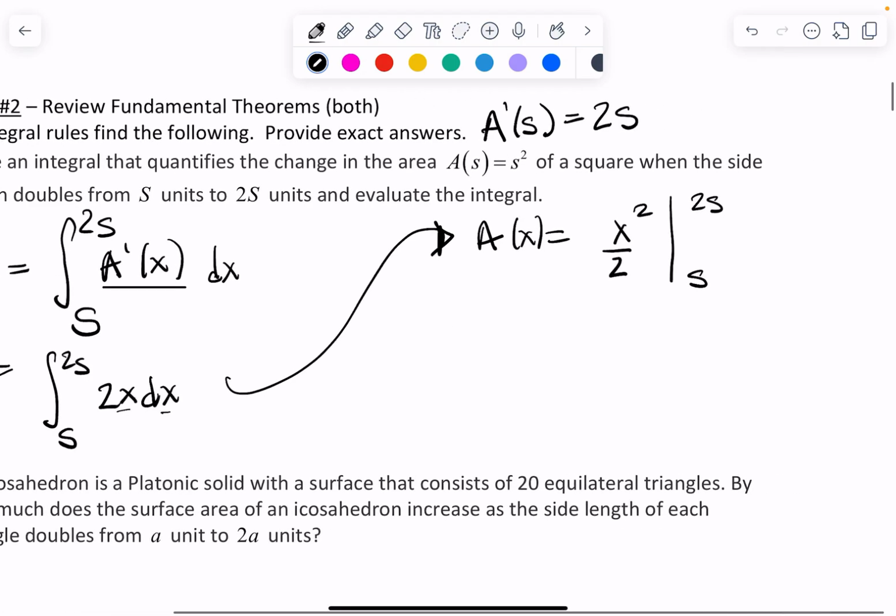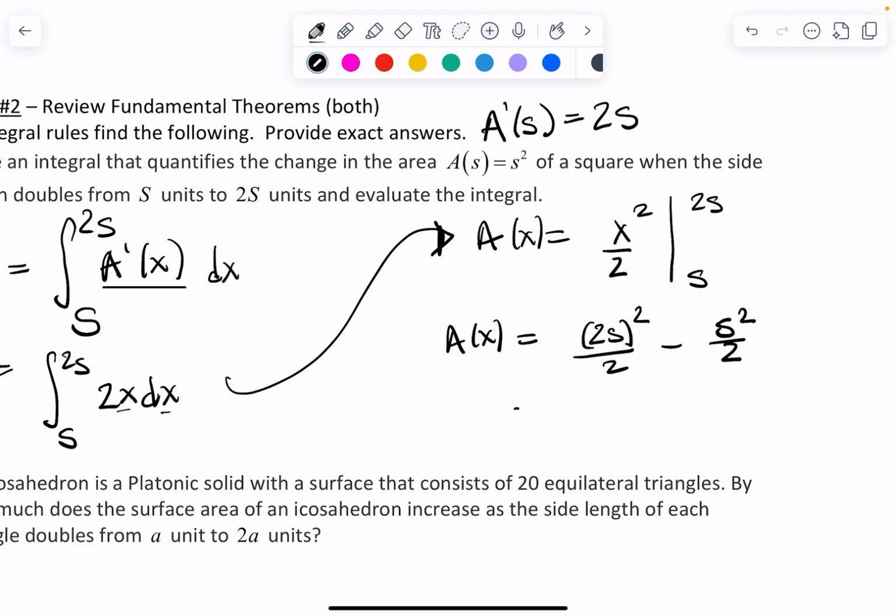Now we're going to plug in. So area is going to be changing by 2s squared over 2 minus s squared over 2. That's going to give me 4s squared over 2 minus s squared over 2, or we get 3s squared over 2. And so that is how much the area changes when we double from 2 to 4.